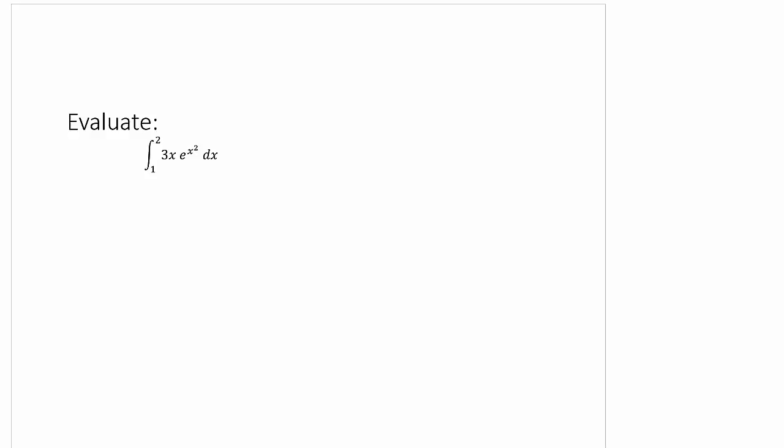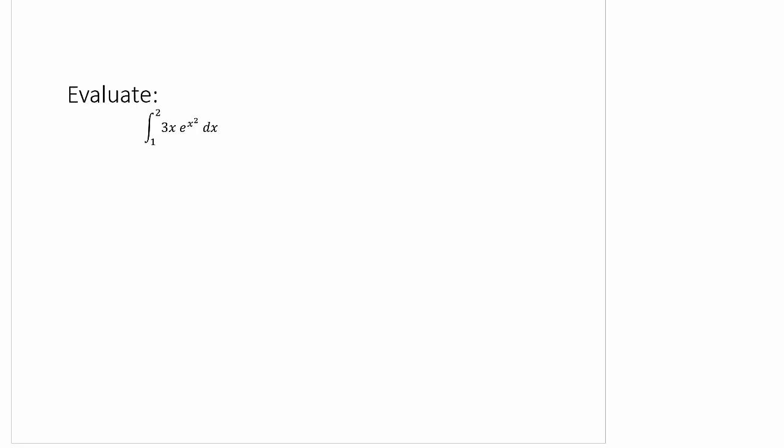All right, so up until now we've been looking at indefinite integrals. Let's see what happens if we need to evaluate a definite integral. So consider here we have the integral from 1 to 2 of 3x e to the x squared dx.